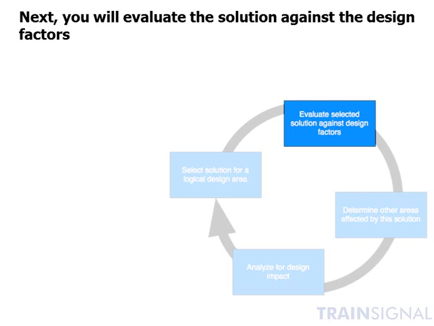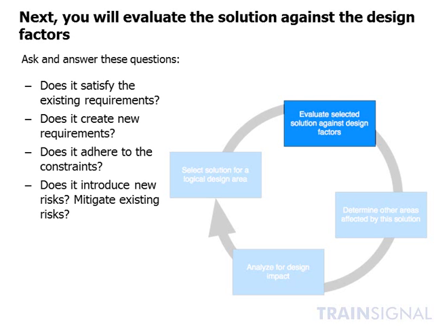And you'll do that by looking at the solution and how well it fulfills the logical design and the specifications of the logical design, and asking and answering questions like those shown here. For example, does it satisfy the existing requirements? If you've chosen a particular technology, then you have to look at that technology and evaluate it against the requirements and the risks and the constraints to say, does it fulfill these design factors?